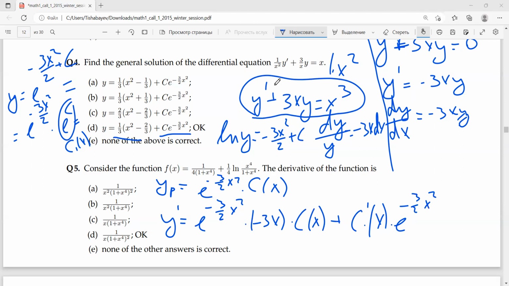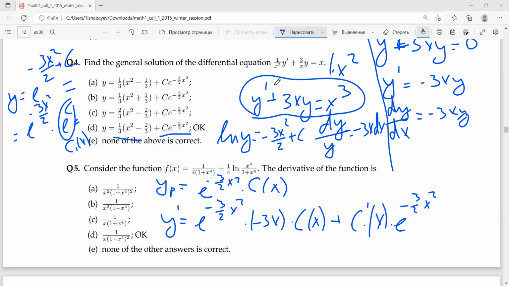And now put it into the given equation again. After putting it in, something cancels, because here we have minus 3x, but here we have plus 3x.